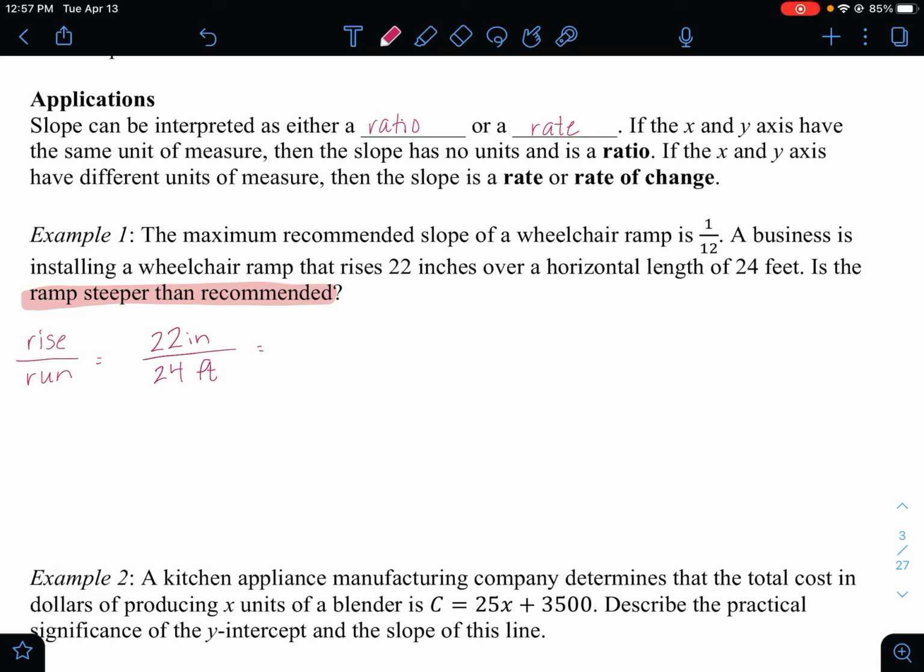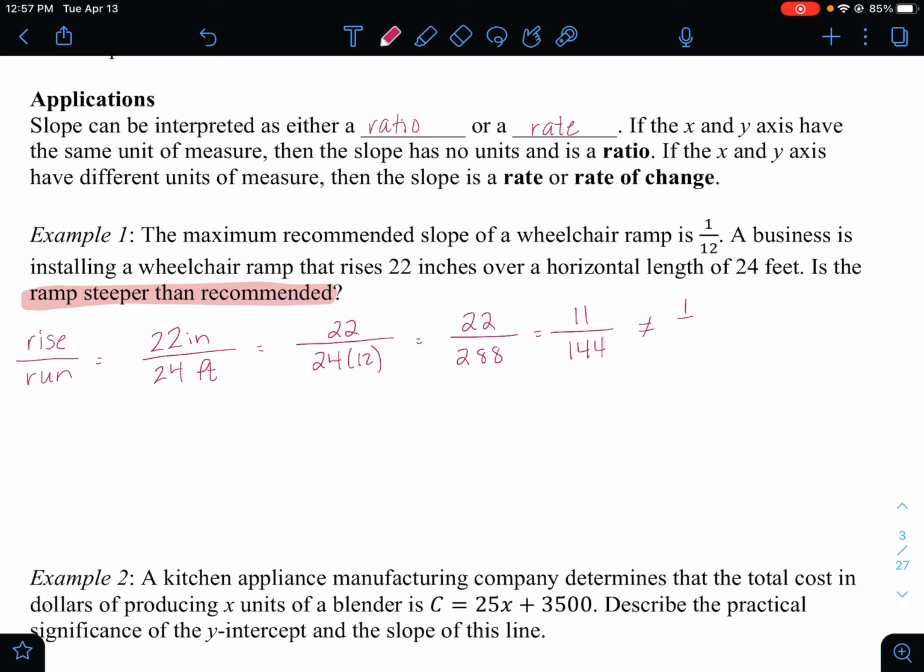Remember, since this is a ratio, we have to have the same units of measure. So I'm going to convert everything to inches, since 22 inches is a fraction of the number of feet. So I'm going to have 22 over 24 times 12, because there's 12 inches in a foot. So we get 22 over 288. And then if we reduce that, we get 11 over 144.